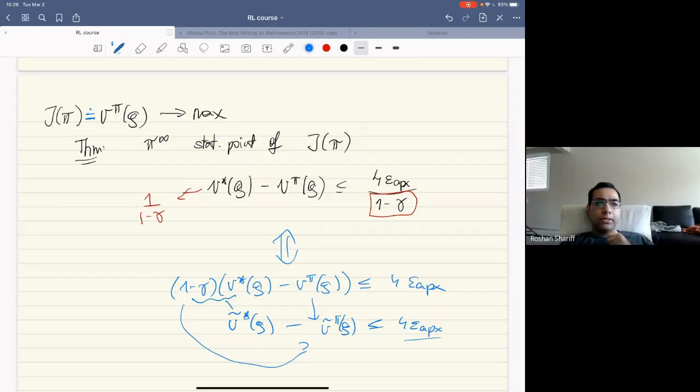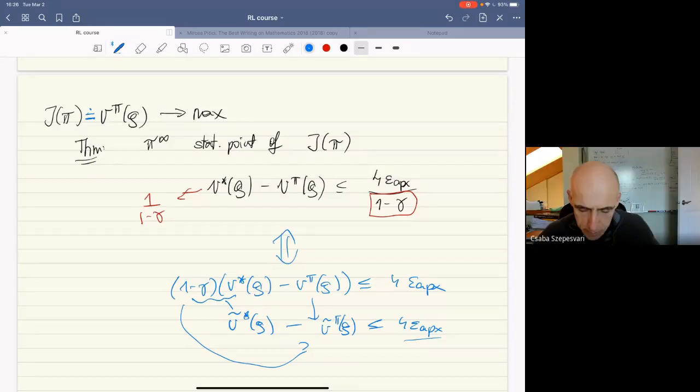And then what does it mean to say that pi infinity is a stationary point of J pi? That means that there is no direction you could move from pi and remain in this restricted space such that you would be able to improve the value of J.